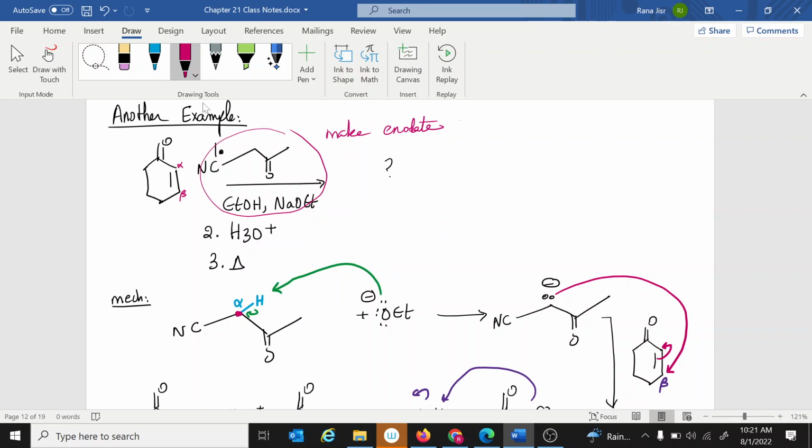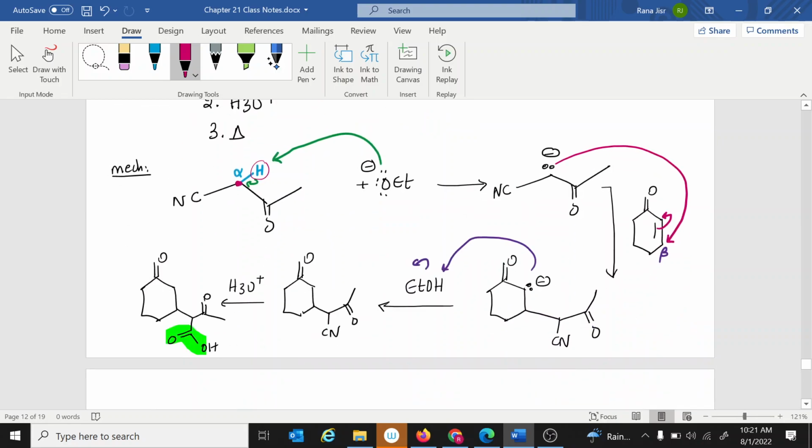So the base is going to come and take that alpha hydrogen. This is chapter 20. Okay, the base comes, takes the alpha hydrogen, creates the negative charge, and then the nucleophile is going to come, attack the beta carbon, create the enolate, the solvent will protonate the enolate, and you're going to end up getting your product in this case.